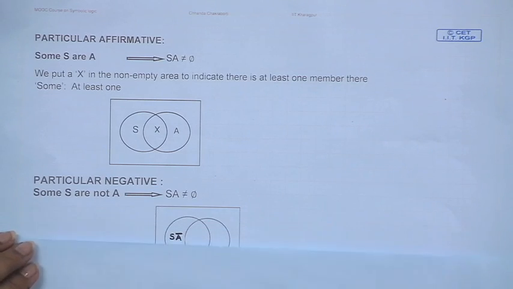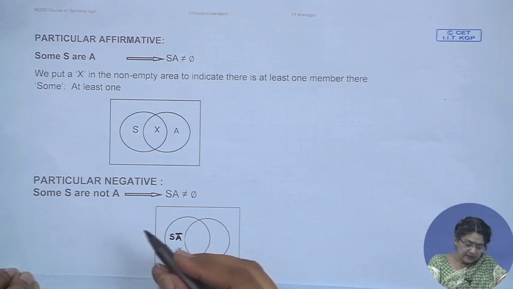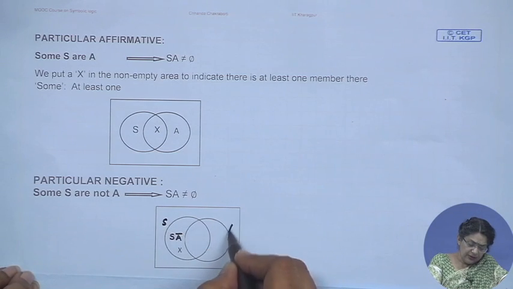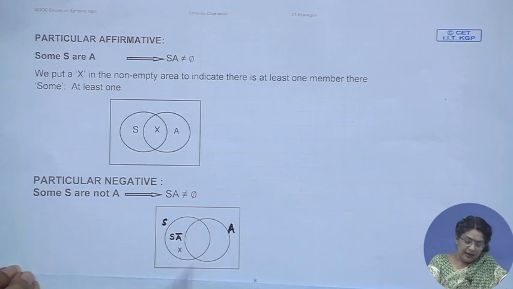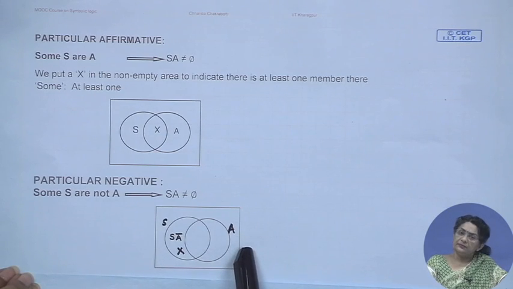Therefore, your picture is going to look like this. This is your S and this is your A, and this is the area that is S A bar. In this area you are going to place a cross. That cross represents 'some'. So, there are some members of S which are not A. Did you see that?